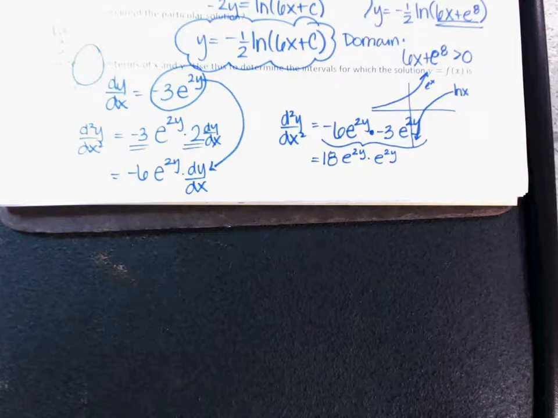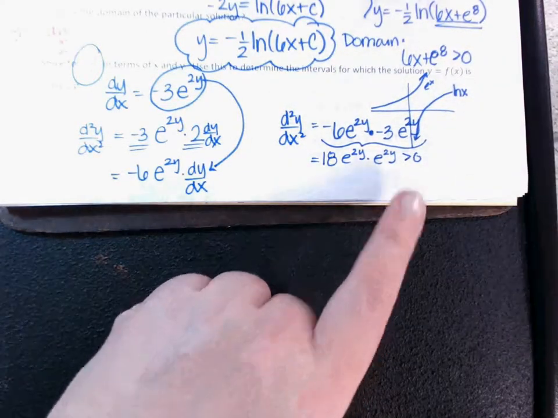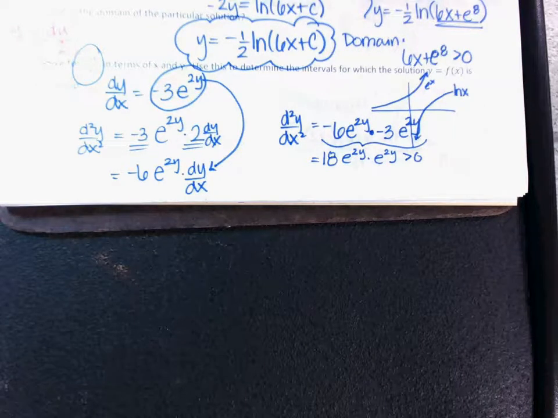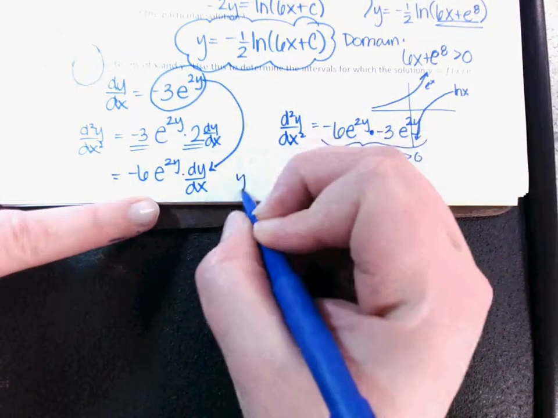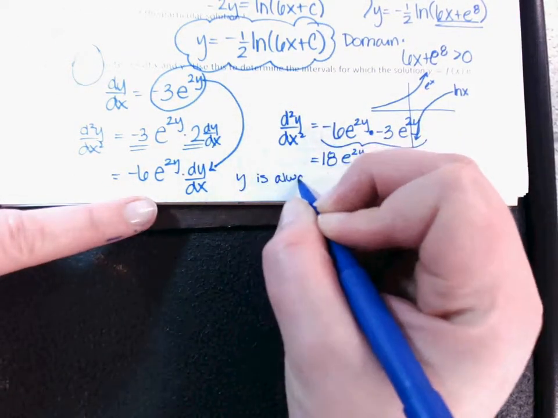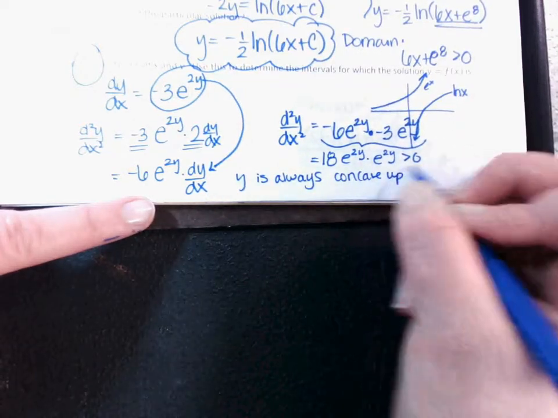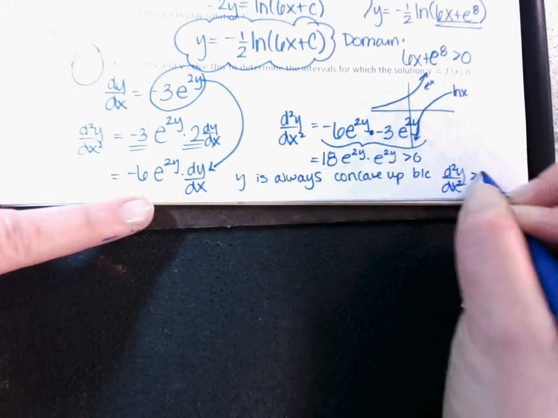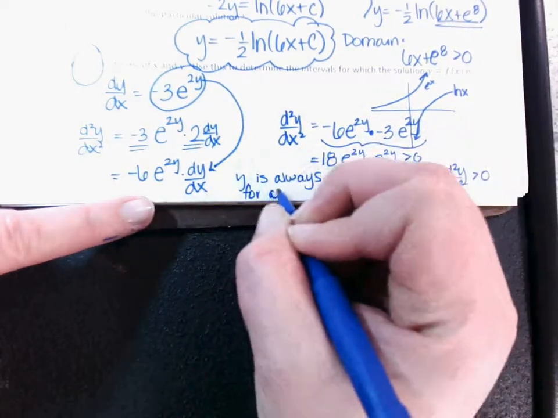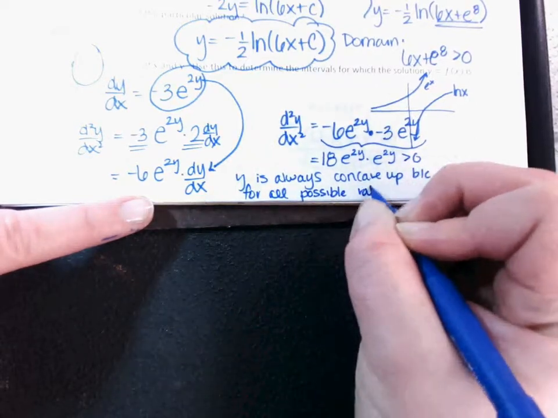Overall, what is that term always going to be? Greater than 0. No matter what number you're looking at, e's are positive, the 18 is positive, then nothing could make that negative. So you would say y is always concave up because d squared y/dx squared is greater than 0 for all possible values. Okay?